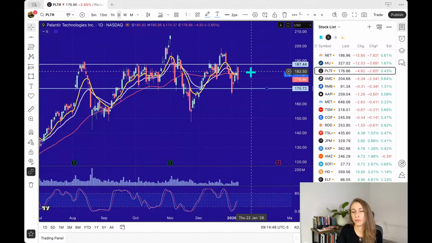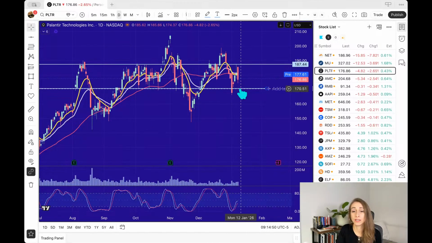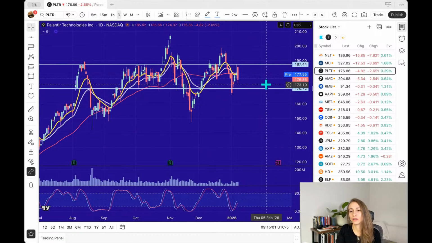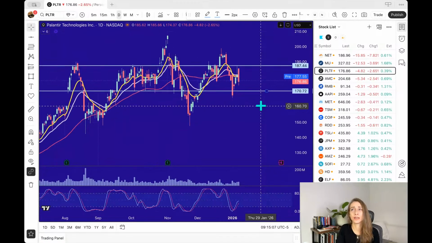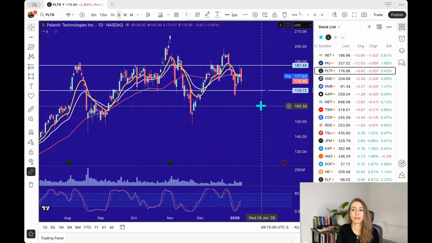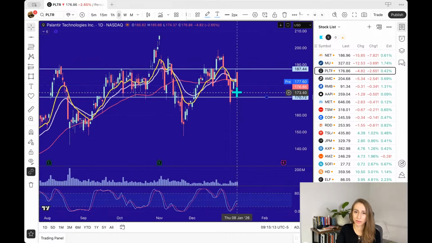Pick your level down here where you wanted to see it hold. The other thing is it could also just continue to chop. So there are other names that are smoother right now, giving back gains and sustaining them versus something like this.